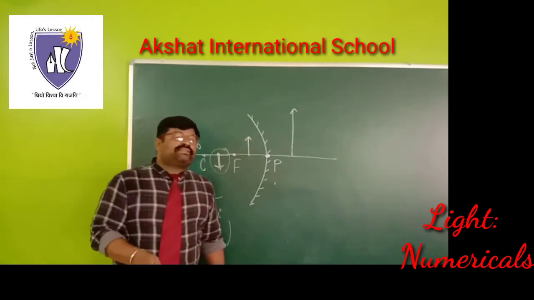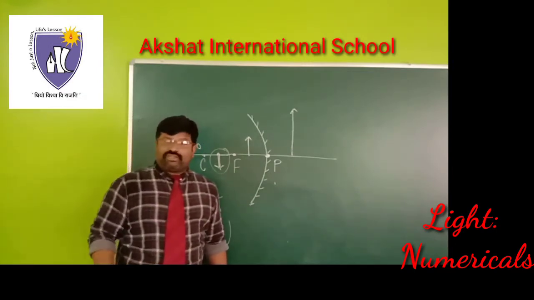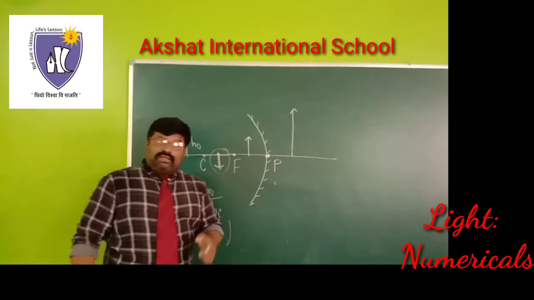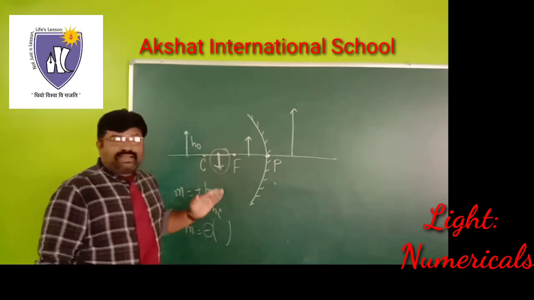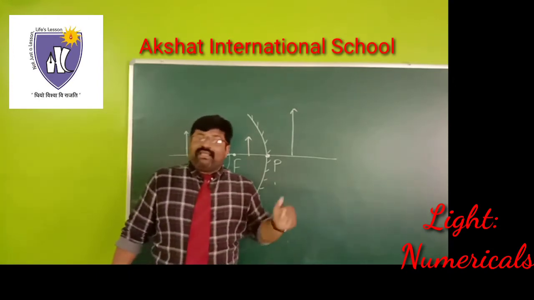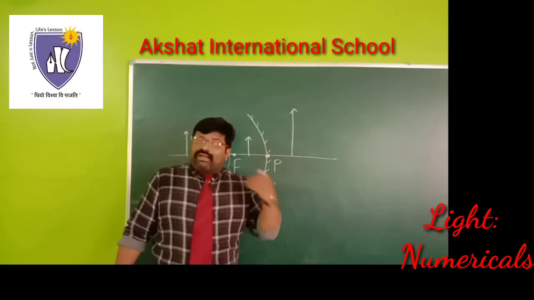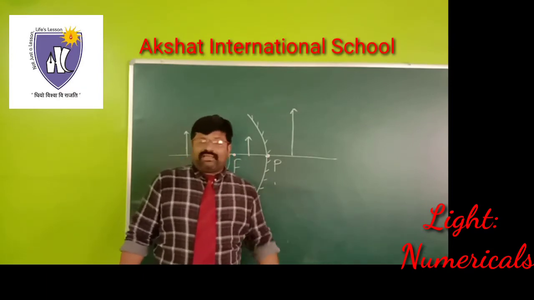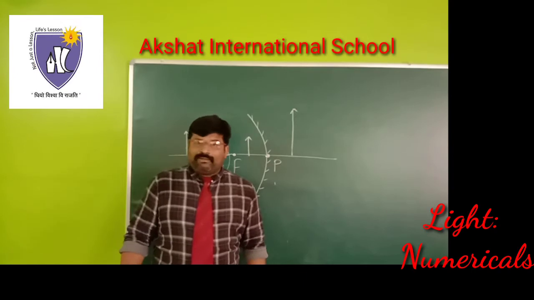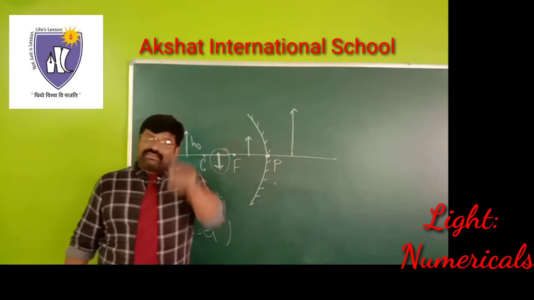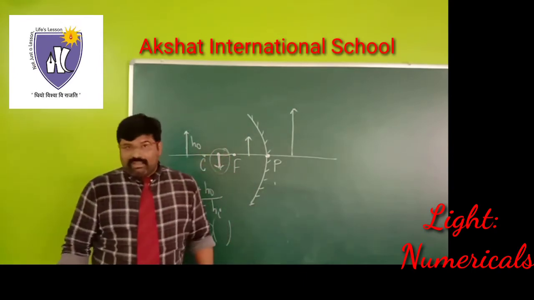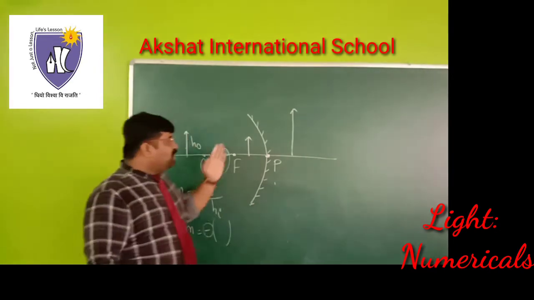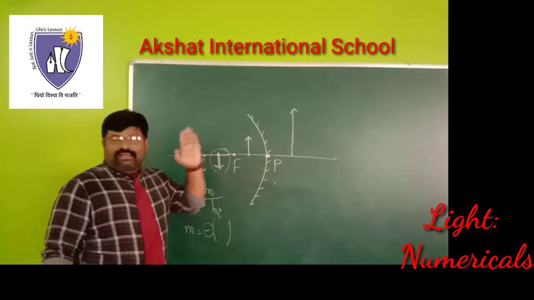Right now we are not discussing the size or height of the image, but we are discussing the negative and positive: when m is given negative, what will happen, or if m is given positive, which type of image is formed. We are not discussing whether the image is enlarged or diminished. We are just discussing first the sign convention.